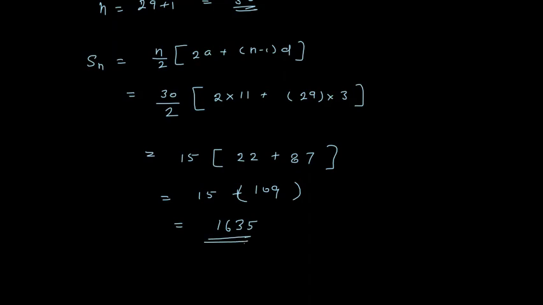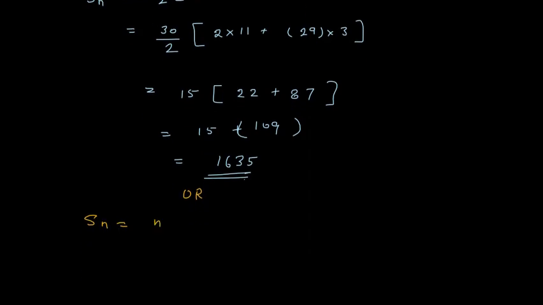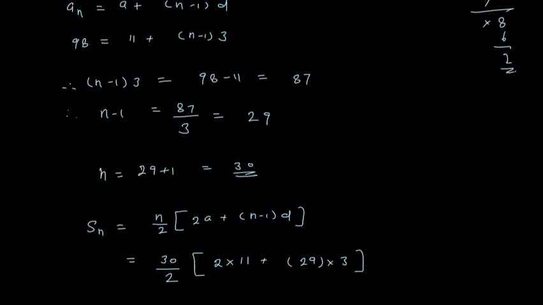Okay. Or I can use the formula, or you can say that Sn is equal to n divided by 2, in bracket a plus l, first number plus last number, is equal to 30 divided by 2. First number is 11 and last number we have 98.